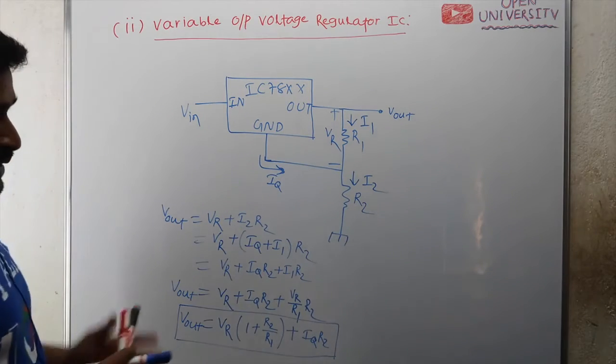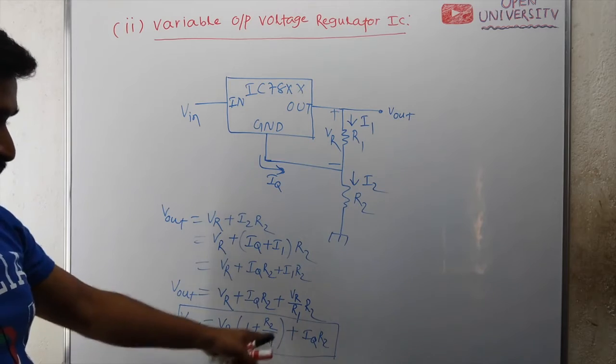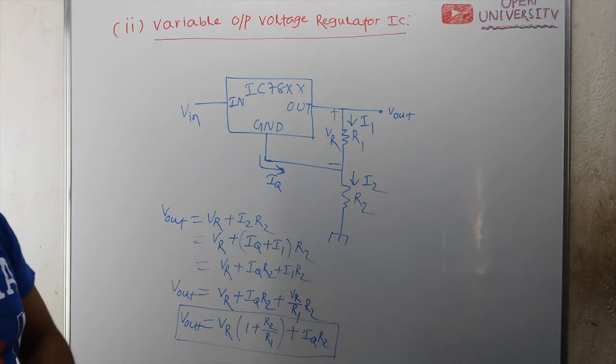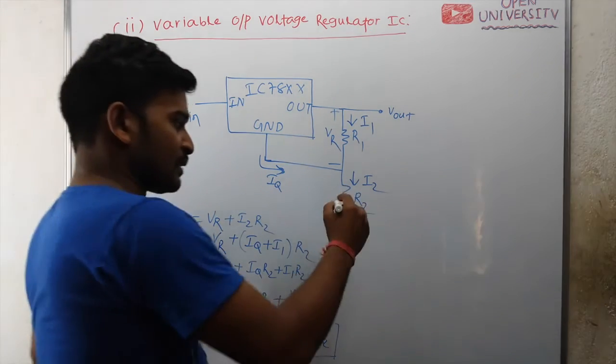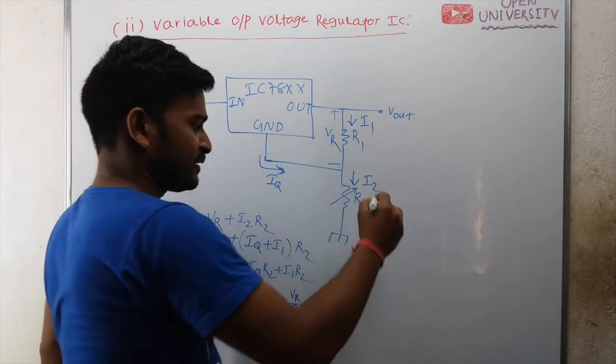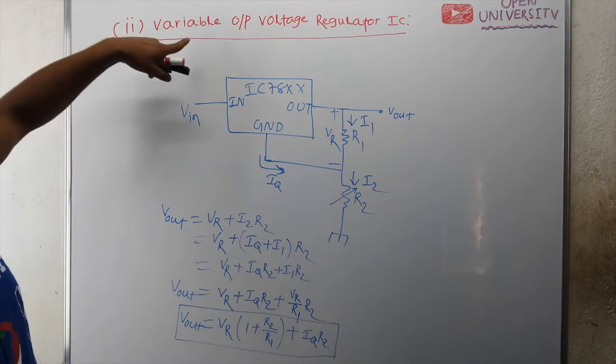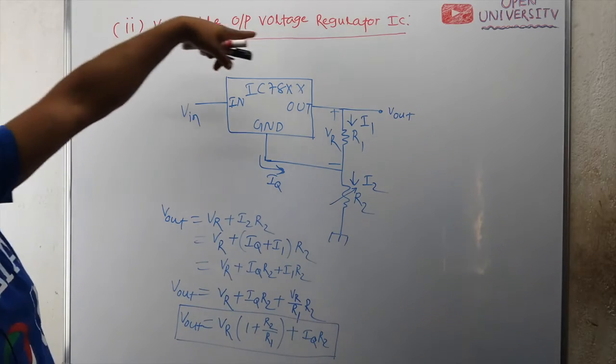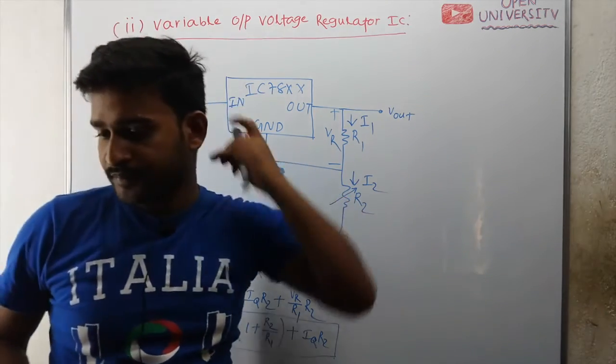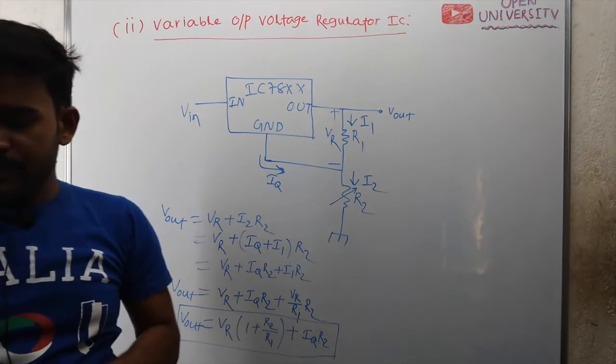Now in place of R1 or R2, if you put a variable resistor, suppose in place of R2, then your output voltage can be varied. That's why the circuit is called variable output voltage regulator. I write down this point.